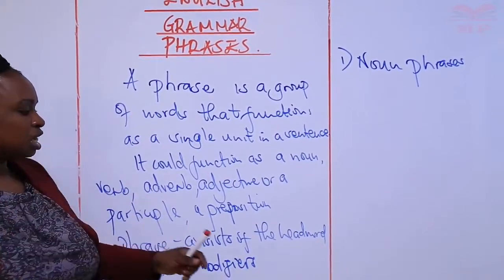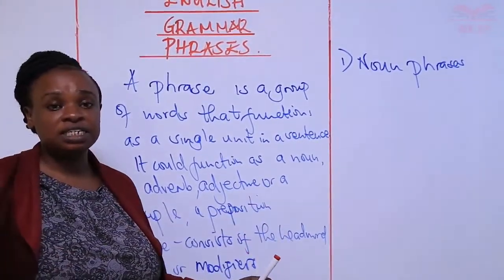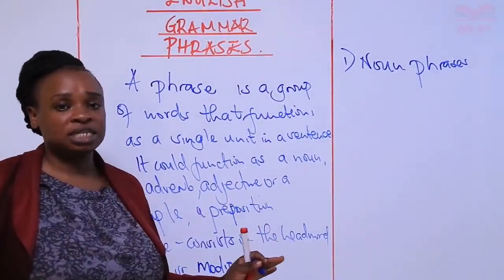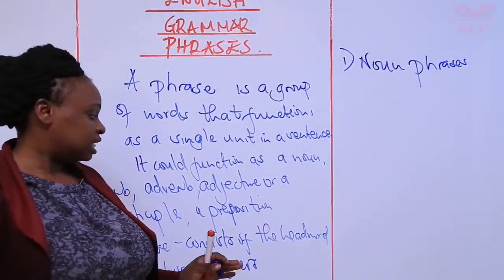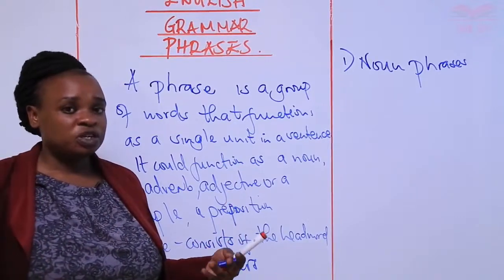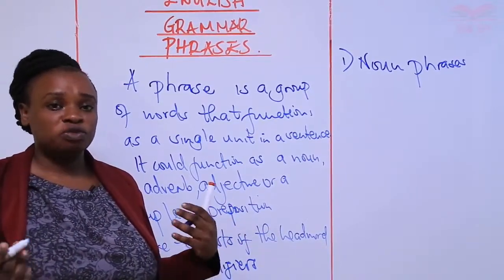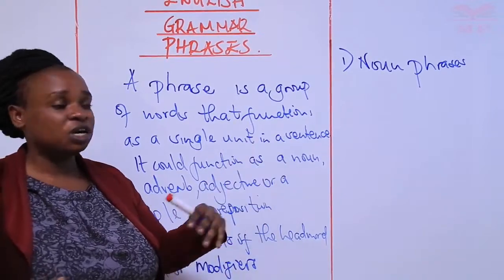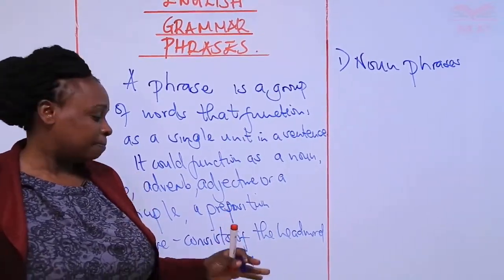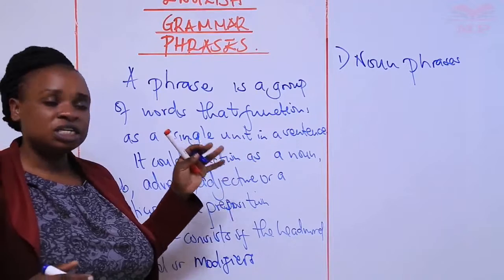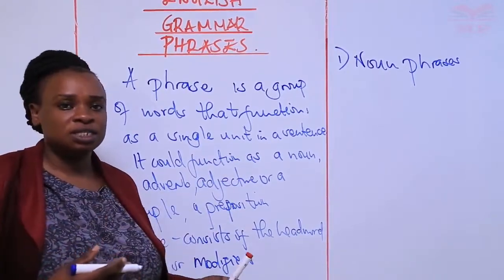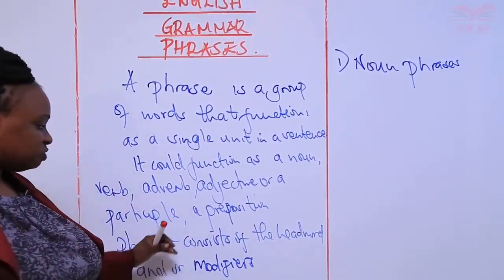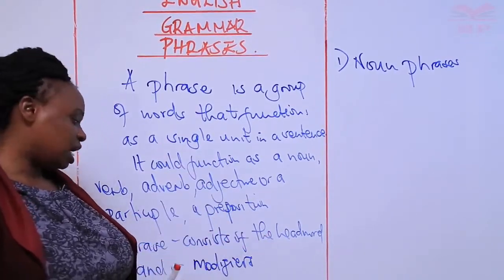So it could either be just the head word itself, like in noun phrases. Mary is just a noun phrase. But now, when it comes to preposition, the preposition cannot function on its own and you call it a prepositional phrase. But in noun phrases, you can call Mary a noun phrase. But now when it gets to prepositions and adjectives, you need to have other words that make up the phrase. So the phrase consists of the head word and its modifiers.